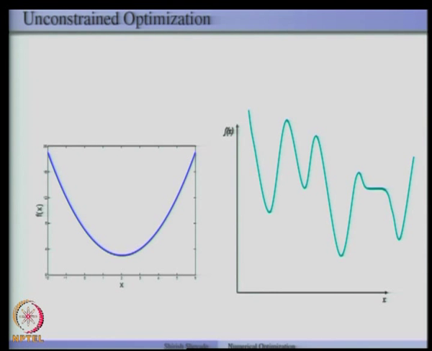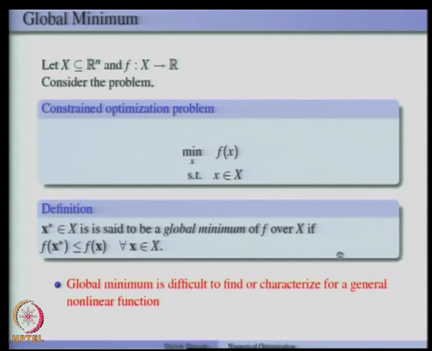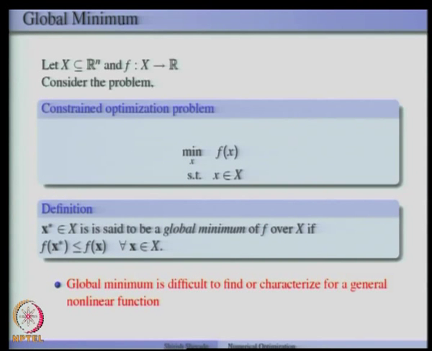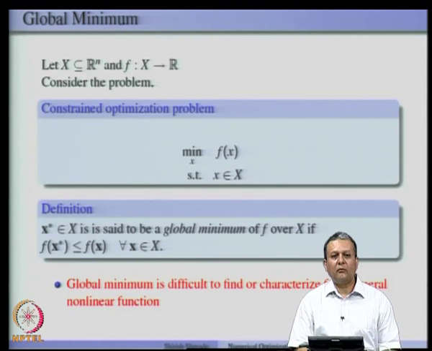And suppose we find this point which is the global minimum, then can we say that it is a global minimum? For that purpose we need to look at the value of the function at all the points and ascertain that f of x star is less than or equal to f of x for all x belonging to X, and that is going to be a very difficult task. So, identifying a global minimum or characterizing it is very difficult for a general nonlinear function.